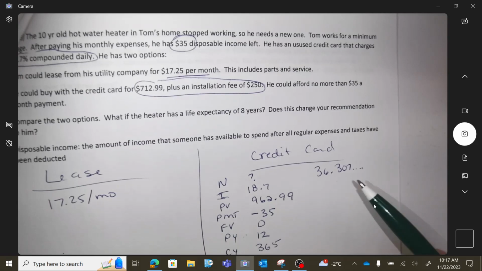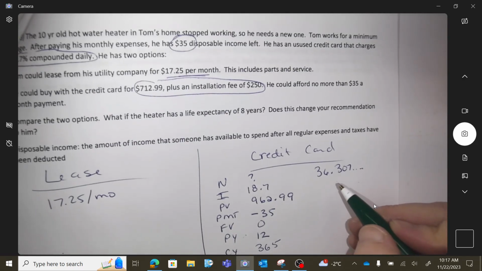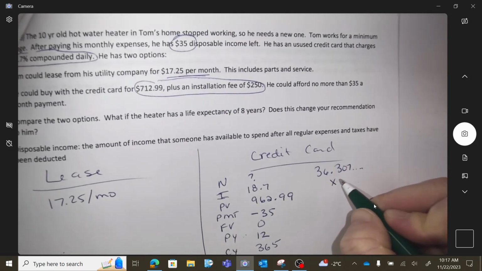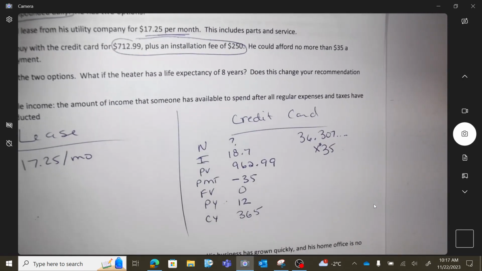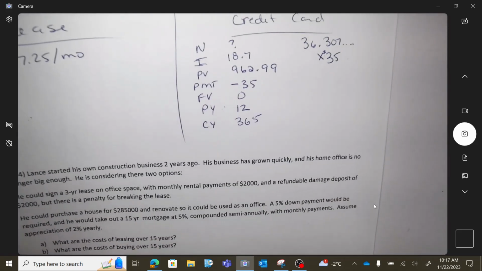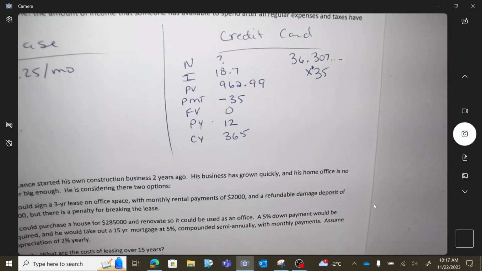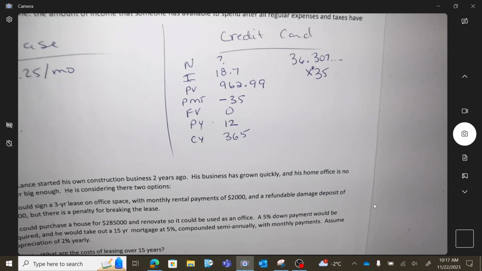Matching? Yep. So that's how many times he makes payments of $35. Do you understand that that's 3-ish years? Right, great, almost exactly 3. So give me a copy paste of ours.